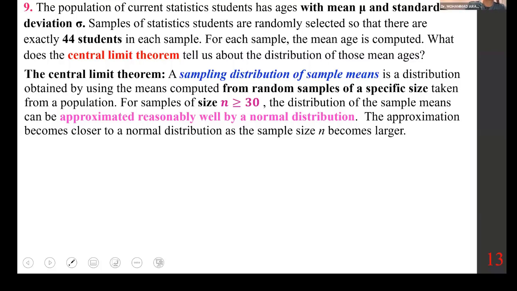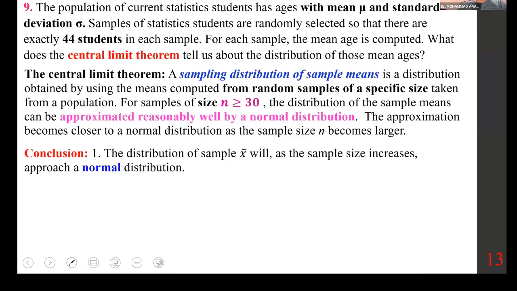Perfect. So the CLT is extremely important when n is large, and how large is considered large in statistics? 30 or larger, then that can be approximated by a normal distribution, meaning almost everything becomes a normal distribution, even if the original distribution is not, when you have a sampling distribution of sample means.